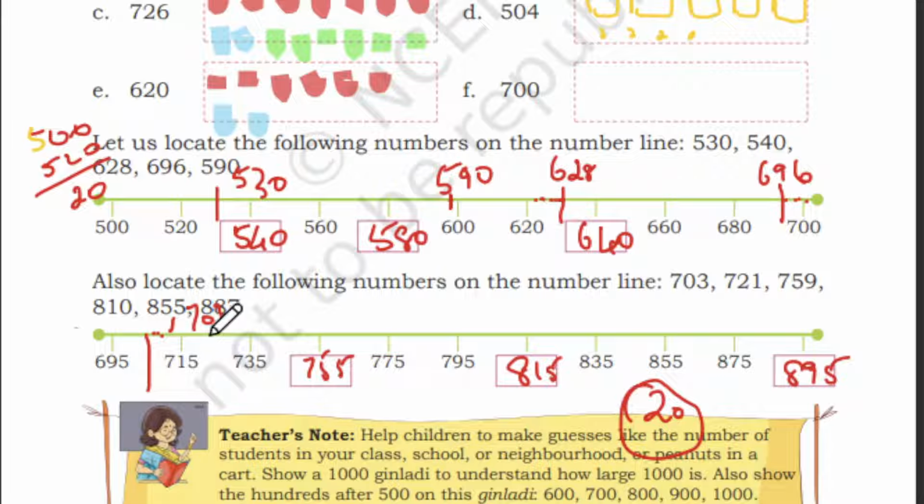So 720 it will be here. So this place is 721. Okay. Next is 759. So 755 is here. So 56, 57, 58, 59. So here you will get 759. So if you use your scale to do this, it will be very easy. Okay.